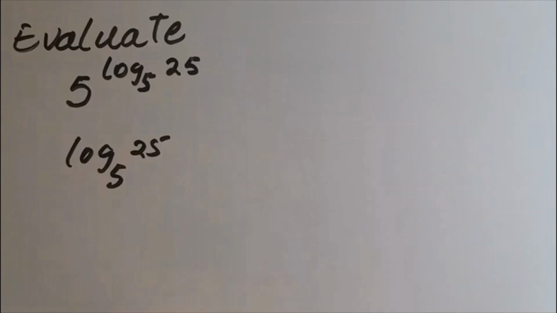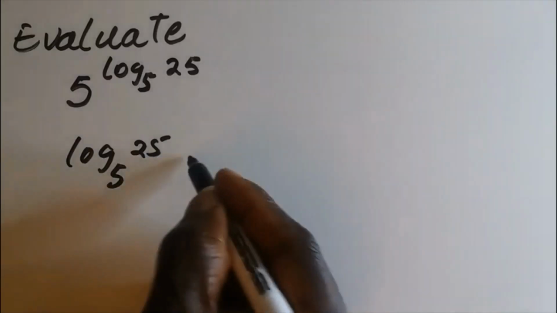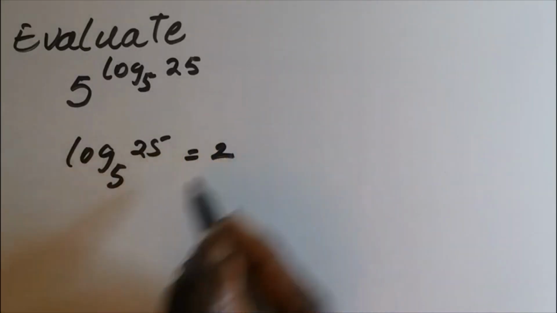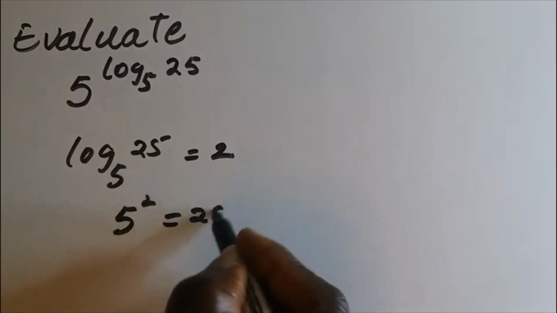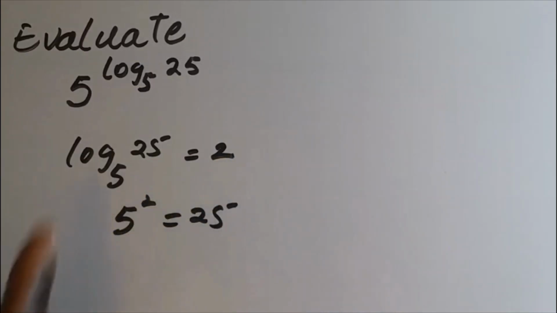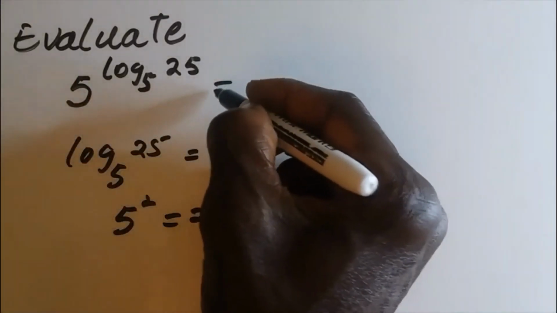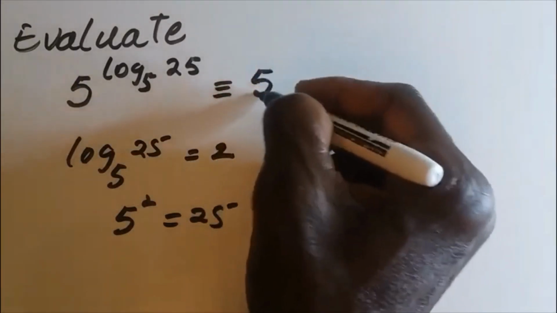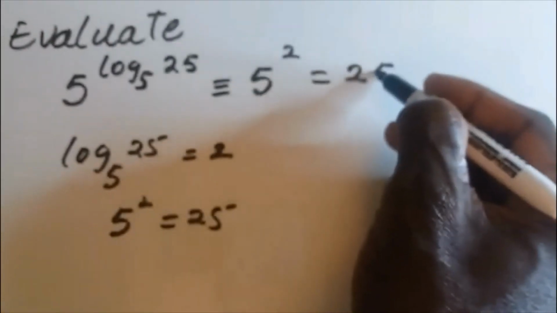This is asking the question, what should we raise the base 5 to get 25? Must be 2, because 5 squared is equal to 25. So that evaluates what our index is. So this is the same as writing 5 squared, which is equal to 25.